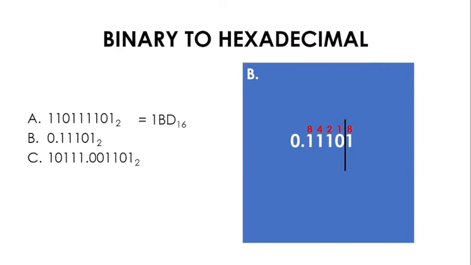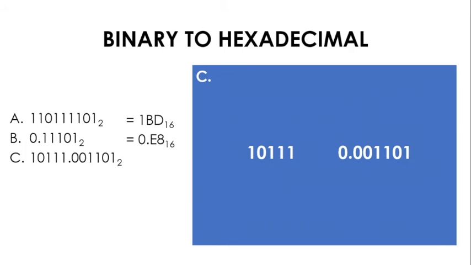So for the first group, we have 14, and the next group we have 8. So the hexadecimal equivalent of 14 is E, and the hexadecimal equivalent of 8 is still 8. The hexadecimal equivalent of binary 0.11101 is 0.E8 hexadecimal.